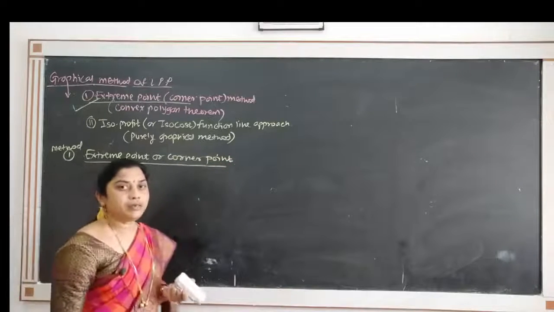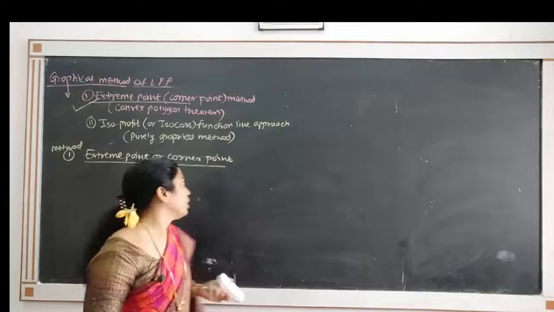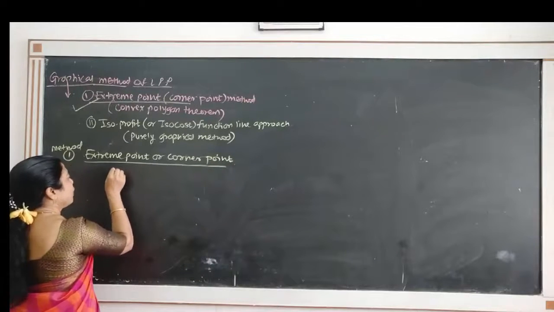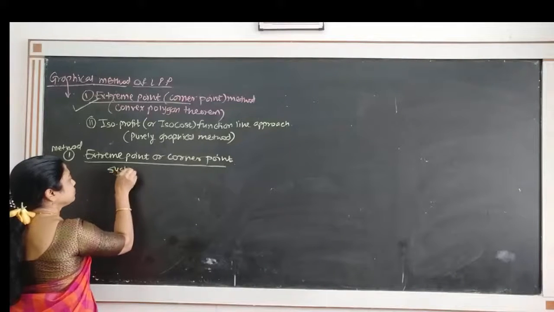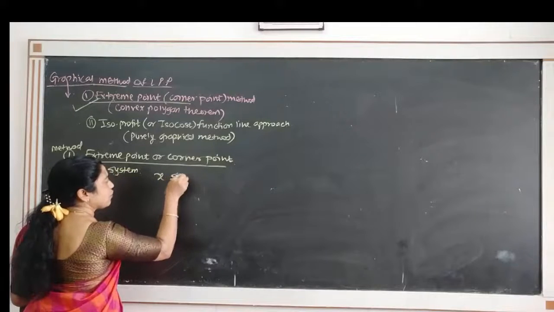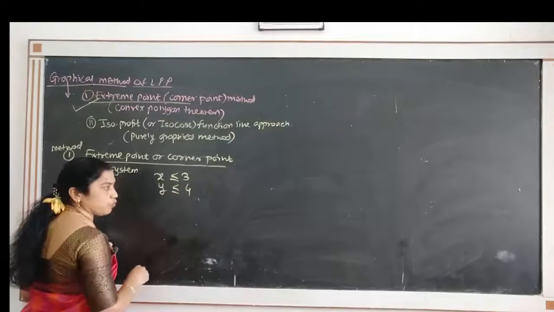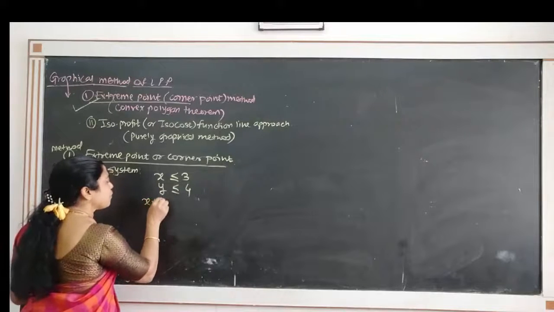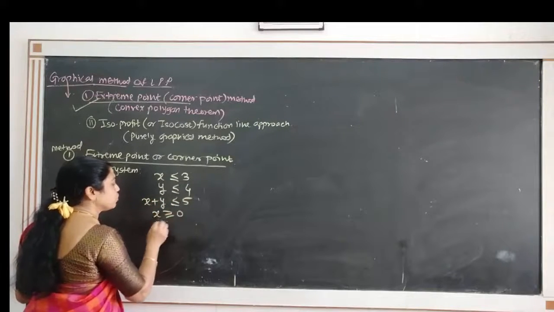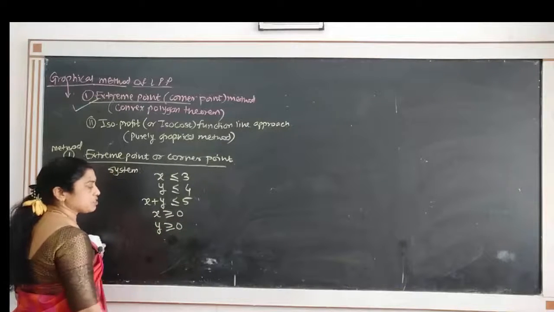To get the idea clear, I will consider a simple system of constraints. Suppose that we have a system of constraints as x less than or equal to 3, y less than or equal to 4, and x plus y less than or equal to 5, x greater than or equal to 0 and y greater than or equal to 0.